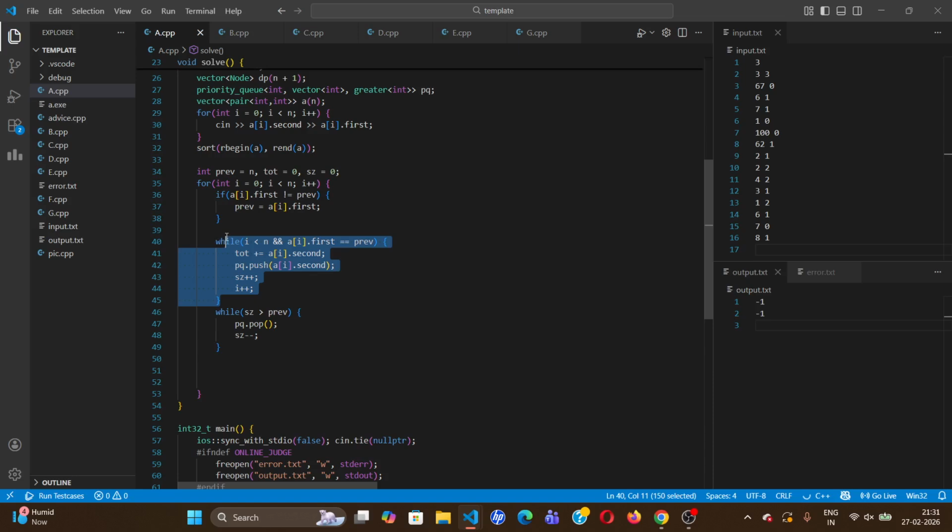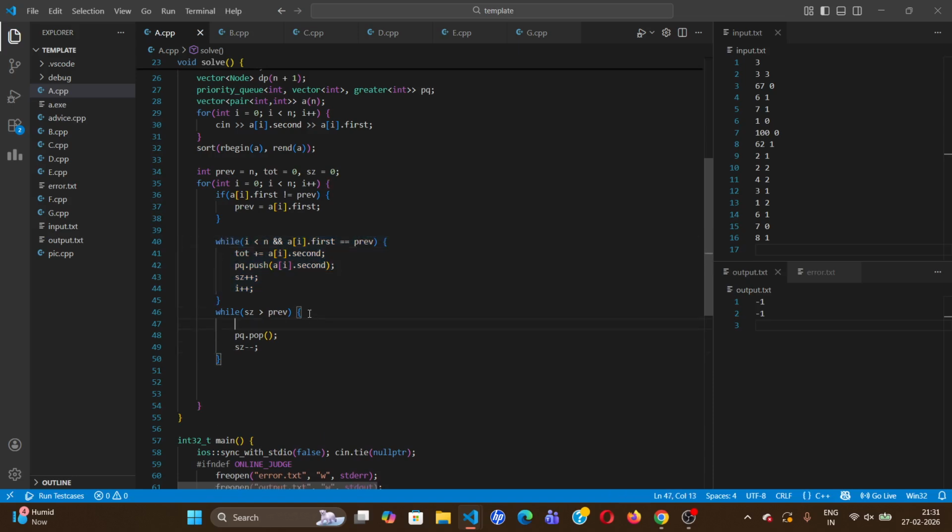Okay, after this we got the whole array, and in that case it will also get minus equals to q.top.